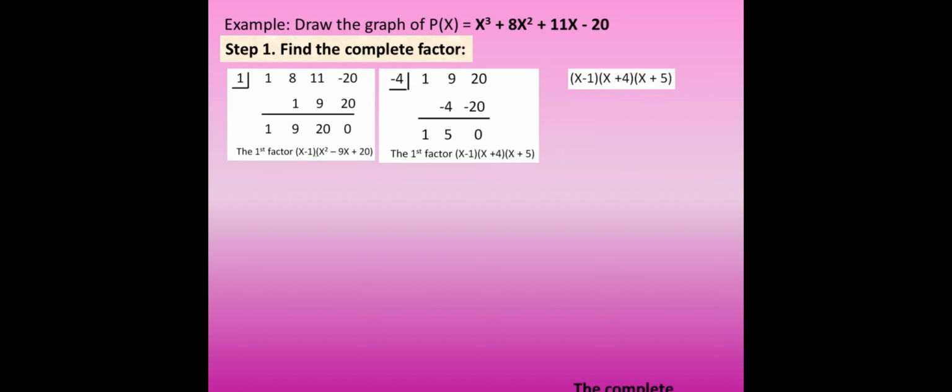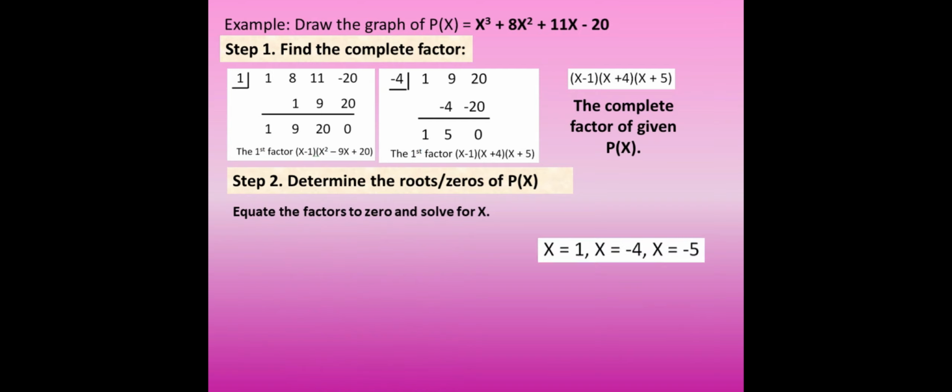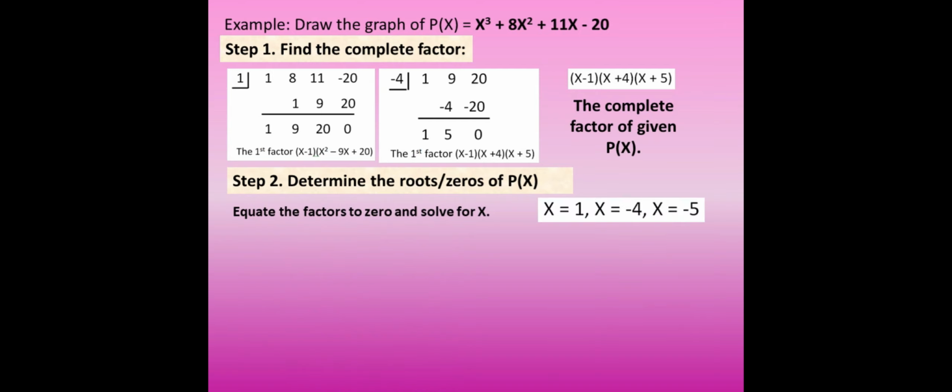We equate each factor to 0 and solve for x. So we have x equals 1, x equals negative 4, and x equals negative 5. These are the zeros of the graph of this given p of x. The graph will cross the x-axis at negative 5, negative 4, and positive 1.